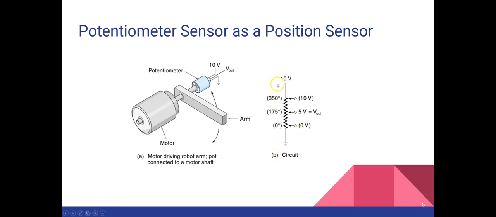The reason is, if you see the power supply, it moves from here to the ground potential. So if the wiper is here, then it will consume all the resistance, and therefore your voltage is going to be 0.